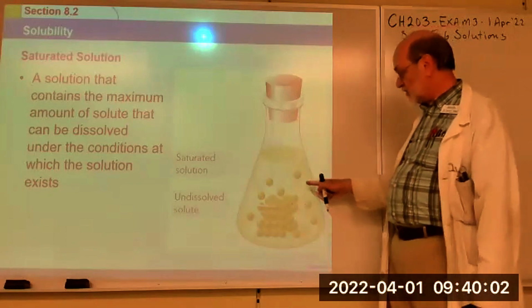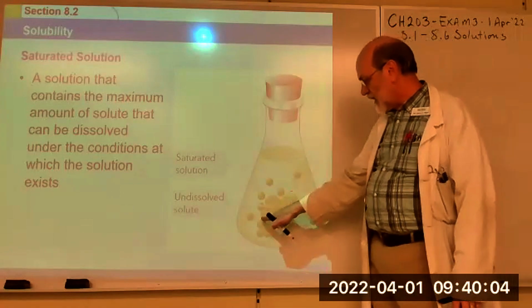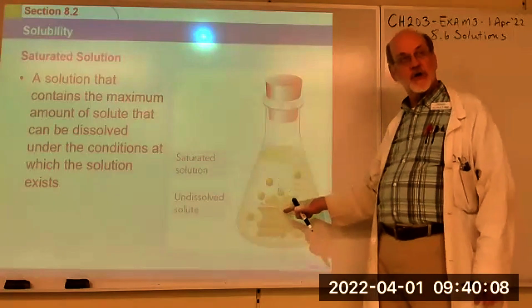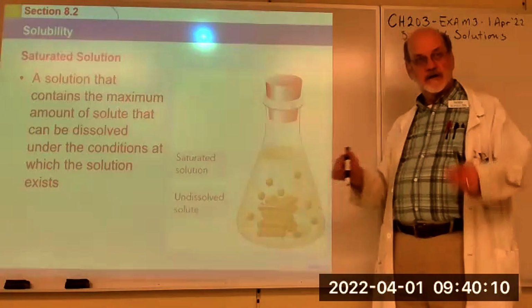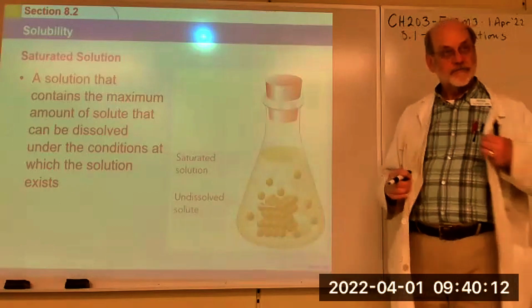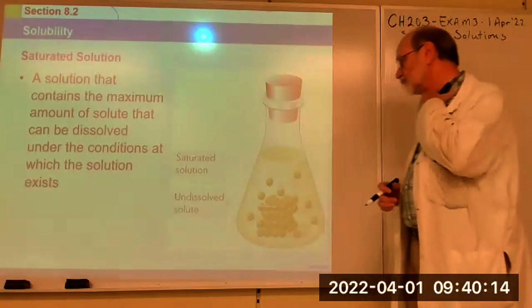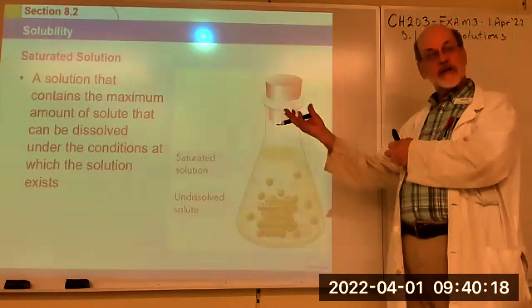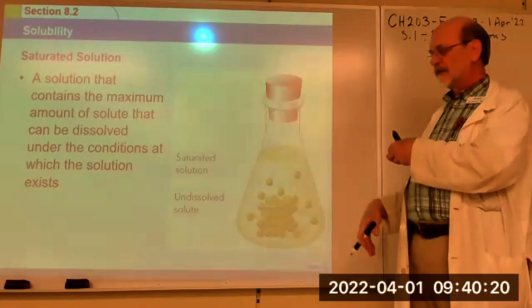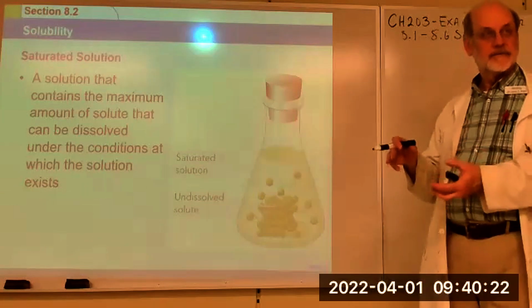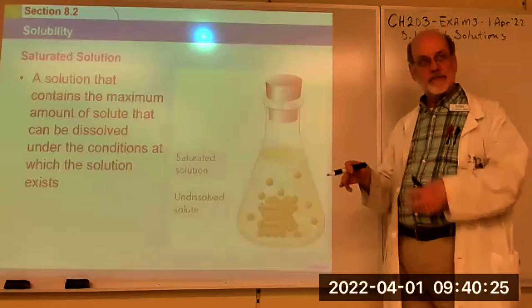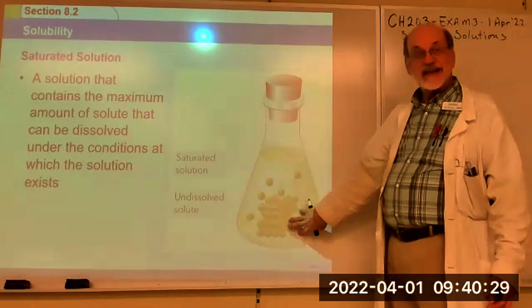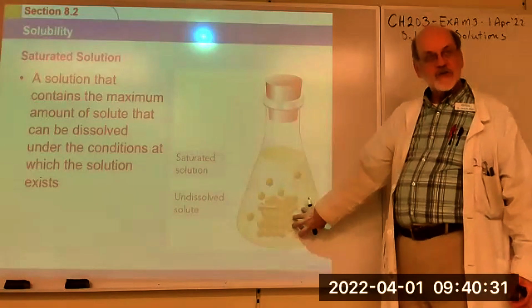Microscopically, what's happening is you're having some go into solution and an equal number returning to the solid. That's an equilibrium situation. As long as the rate of dissolution equals the rate of precipitation, then you have an equilibrium. And that is an indicator that you have a saturated solution.